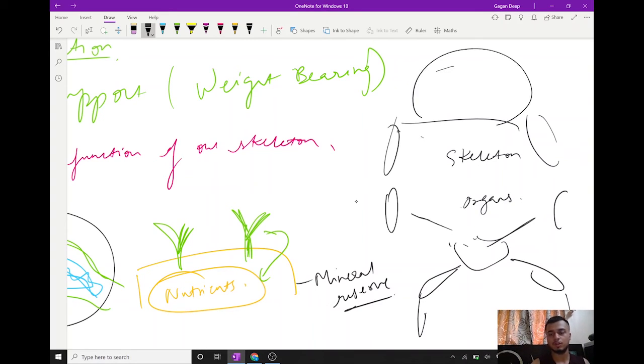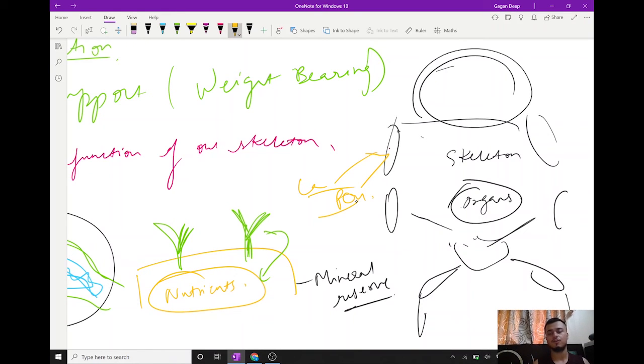Different bones are acting as a mineral reserve for our organs and for tissues of our body. What does it provide in minerals? To be more specific, calcium and phosphate and many other salts too, but mainly calcium and phosphate.